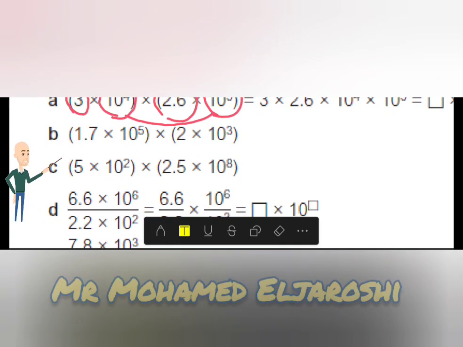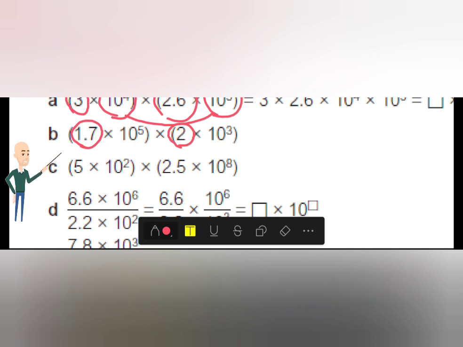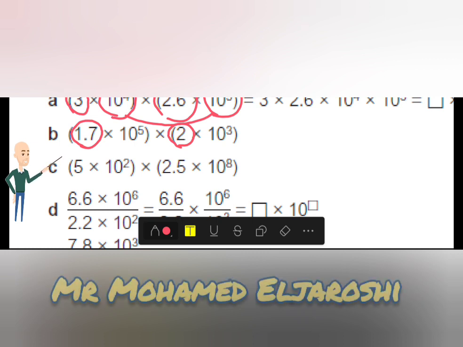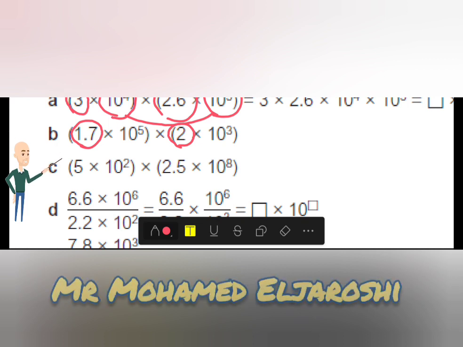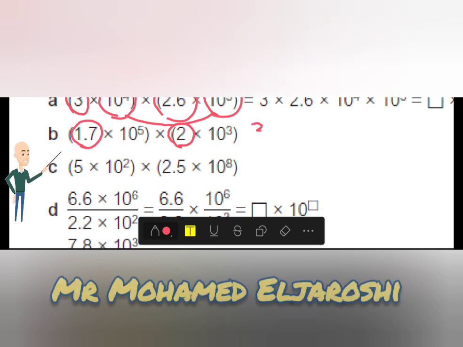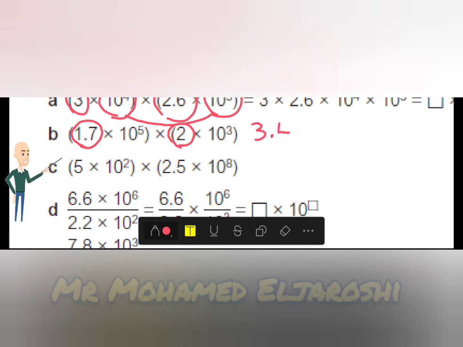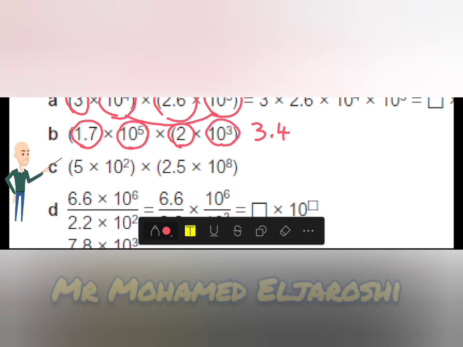In question B here, I'm going to multiply 1.7 and 2. I'm going to multiply them together, the same as I did with the first question. So it's 2 times 1.7 equals 3.4. I'm going to write it here, 3.4. And then I'm going to multiply the tens with the powers.